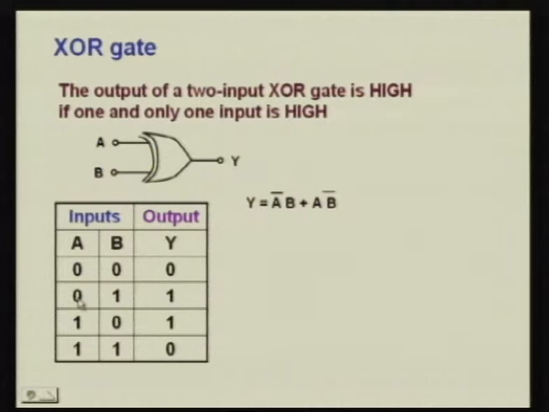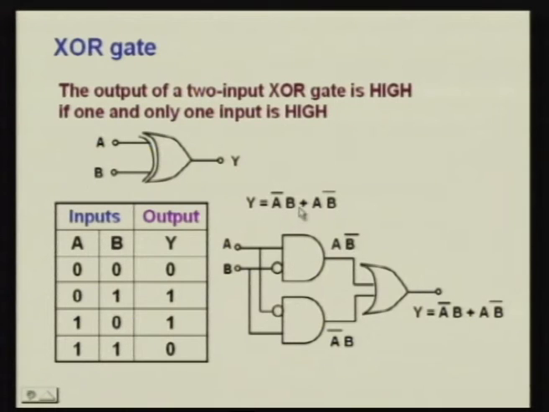As I told, if we assume A as 1, then A bar will be 0. So this 0 will stand for A bar, meaning A complement, and this B will stand for B equal to 1. So this will correspond to A bar B, and this will correspond to A B bar. So we have A bar B + A B bar. So we can construct the output from the truth table also.